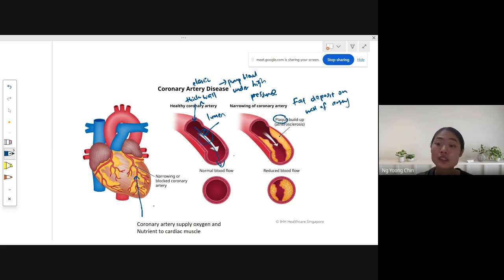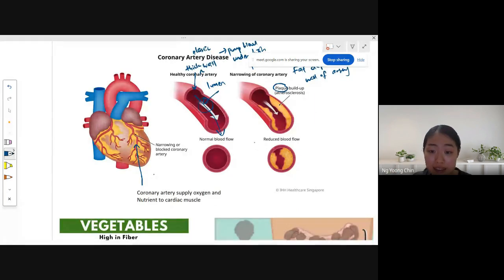You can see initially our artery lumen is like this, right? You still have some space to allow the blood to flow through. But when plaque builds up, it causes the lumen to become narrow. We call it narrowing.